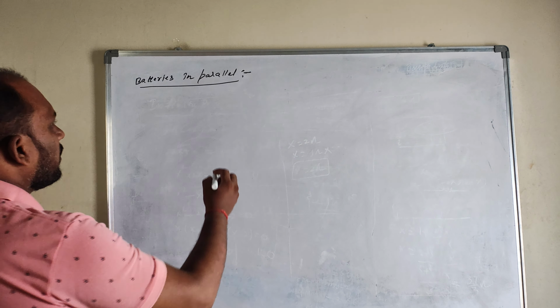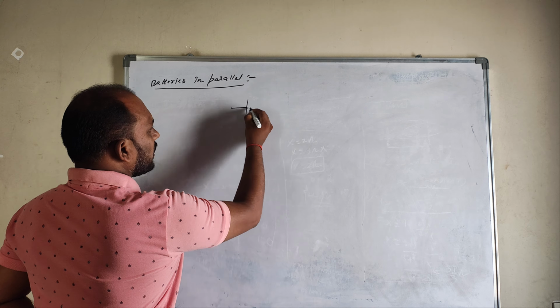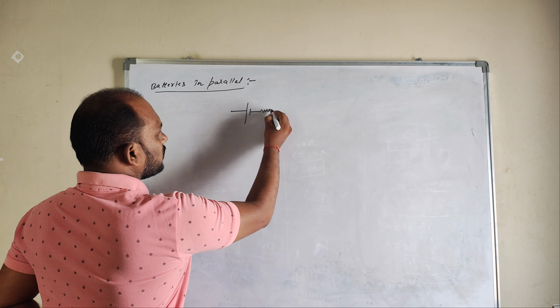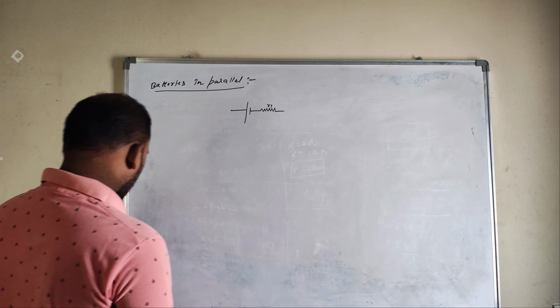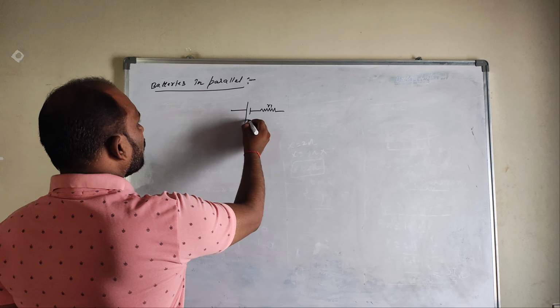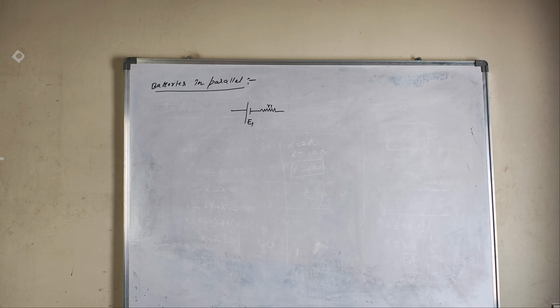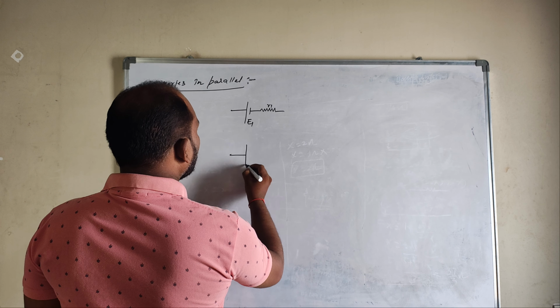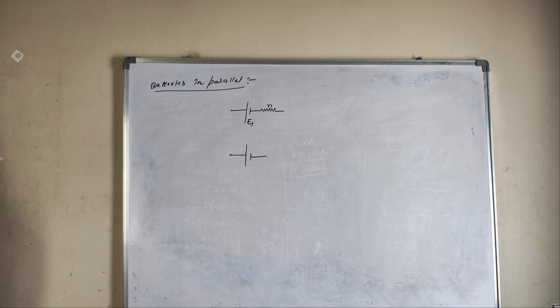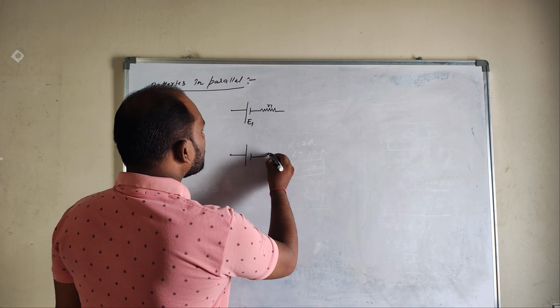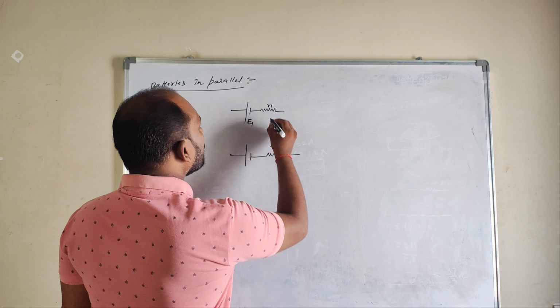So let's see, guys. Here I take one battery. This is the battery I'm taking here. This is the resistance of this battery, R1, and V1 is the EMF of the battery, E1. It is connected to another battery with resistance R2.